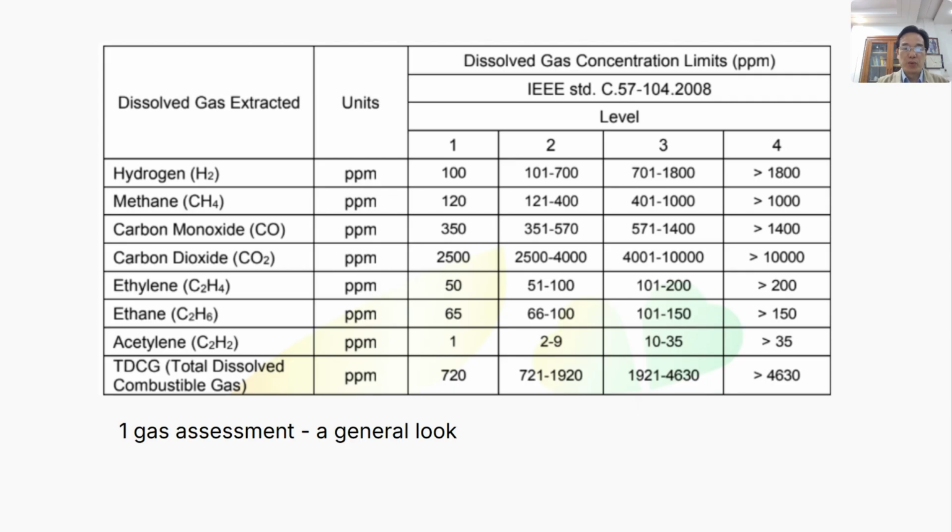So we need trending to see how the gas content in ppm is increasing in oil. That is also very important information for the assessment in DGA. So generally, if TDCG is increasing by 30 ppm per day, that is a critical condition of gas generated in oil.